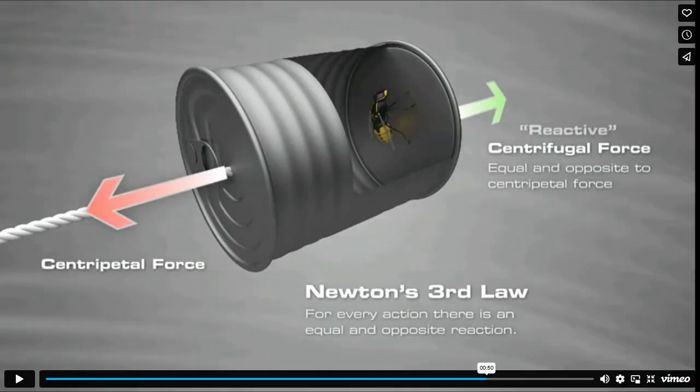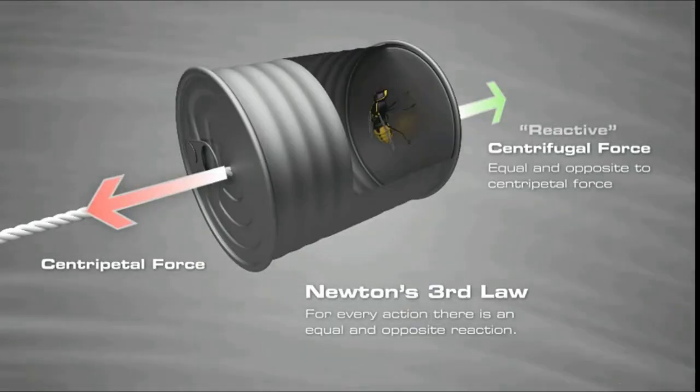So the big takeaway here: from the perspective of the bug inside of the can, they're not attached to the string, so the string is what's making the can rotate in a circle. The bug is not attached to the string, it's just standing inside of the can.